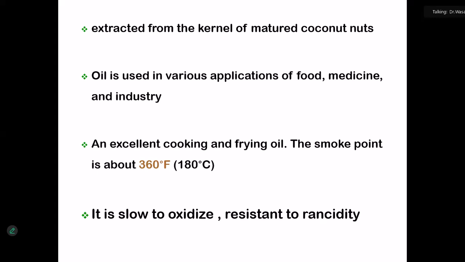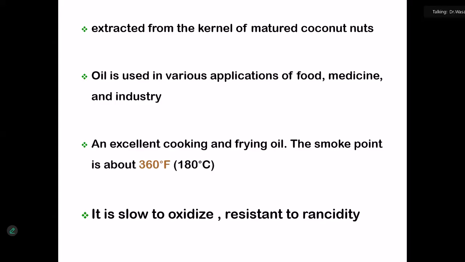So what happens there? Coconut milk is an emulsion, oil in water. The fat part is oil, and the water part is there.